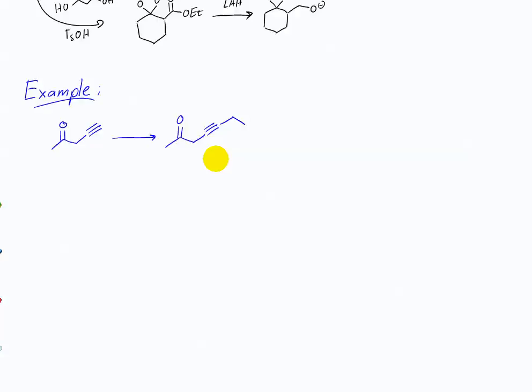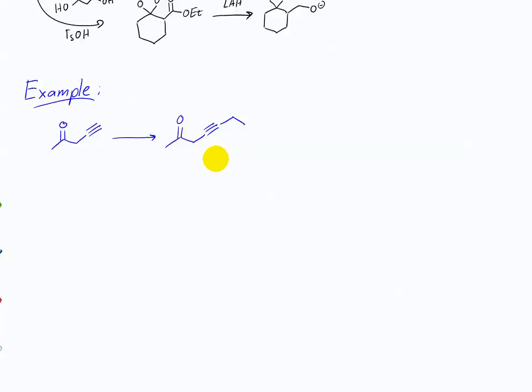You deprotonate the alkyne, react with the halide, do your substitution, you're done. The complicating factor here is the ketone. A deprotonated alkyne is going to react with the ketone because any strong base will react with a ketone. Anything nucleophilic, that's what we've just been talking about, right? Any nucleophiles will react with these ketones. So if it's nucleophilic enough to do some substitution, it's going to be nucleophilic enough to react with the ketone also.